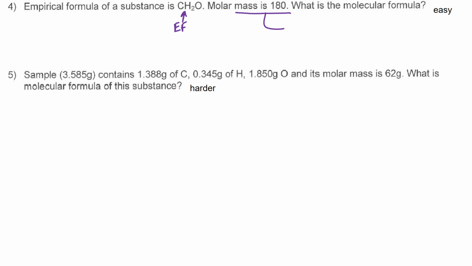All right, so this is the mass. So the only place I'm going to use that is, remember, it's molecular formula mass divided by empirical formula mass, and that gives us a multiplier.